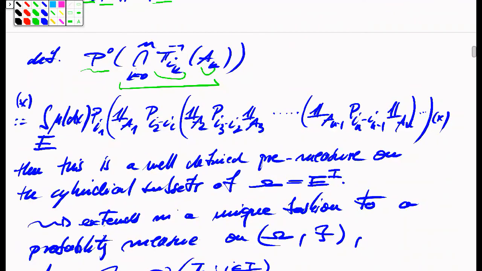But if you look at it closer, you will see that the formula I shall write here now is a nested integral, which involves iterated applications of these transition functions to indicator functions of the corresponding sets through which you would want to go. The outermost integration is with respect to the designated starting measure mu(dx).